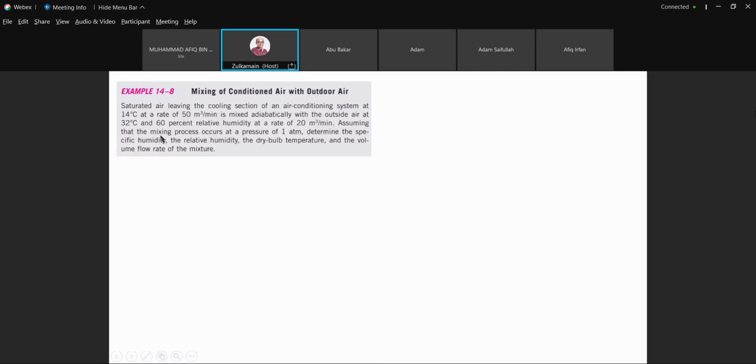Assuming the mixing process occurs at a pressure of 1 atm, determine the specific humidity, the relative humidity, the dry bulb temperature, and the volume flow rate of the mixture.